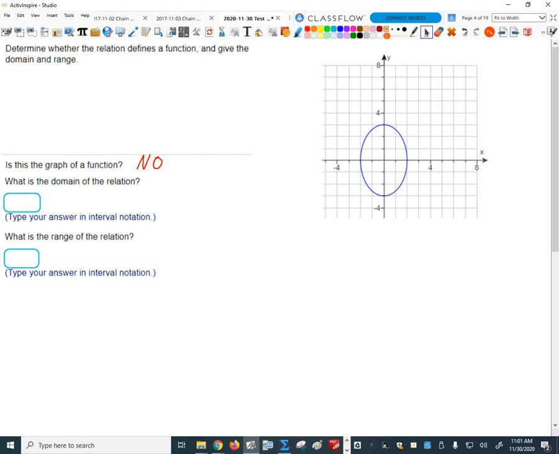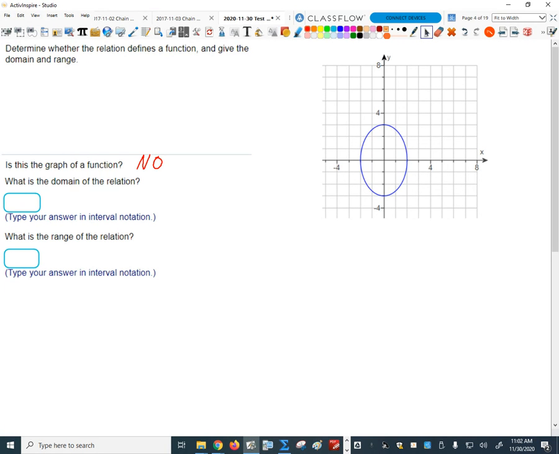What is the domain? The domain is x values, right? Correct, yes. -2 and 2. Good. So it's all the values from -2 to 2.